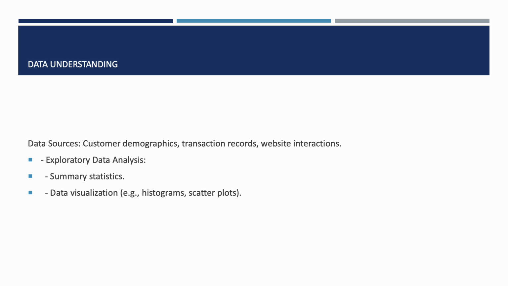Next, we have data visualization, and we can visualize the data through histograms, scatter plots, and other graphical representations, which helps reveal patterns and relationships in the data, as we already know about those visualization techniques and how we can do that. These visualizations make it easier to identify trends, outliers, and correlations between variables.